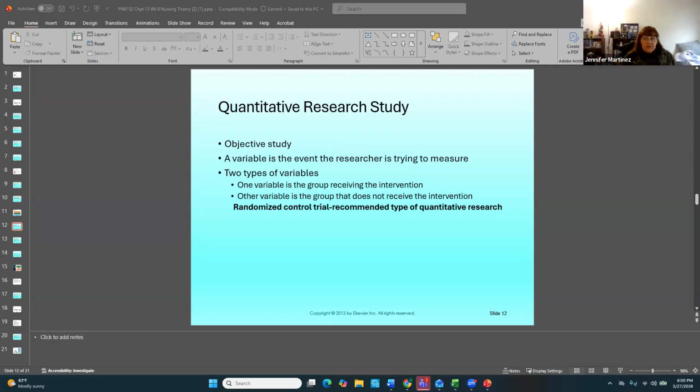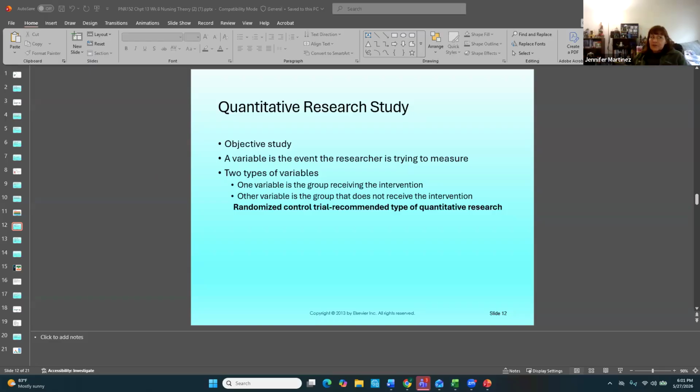So quantitative research studies are objective studies. Again, these are objective research studies where a variable is the event that the researcher is trying to measure. And there are two types of variables.